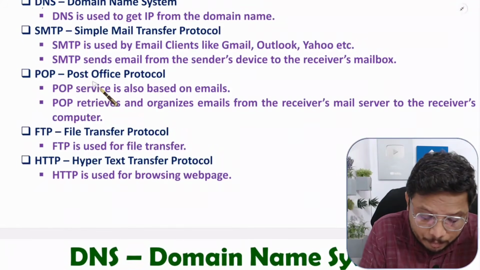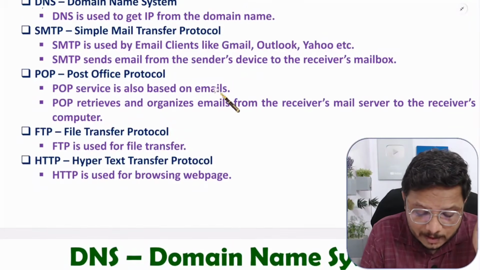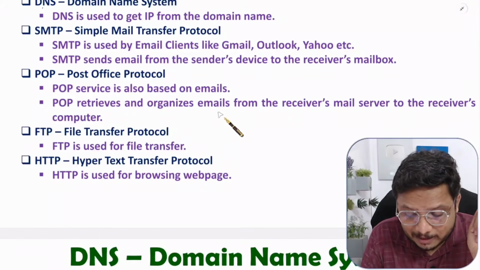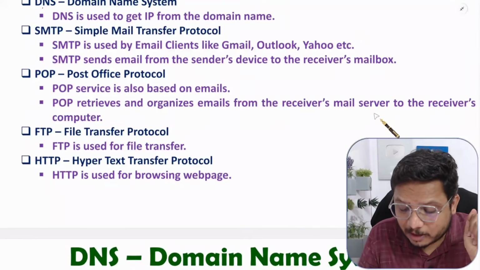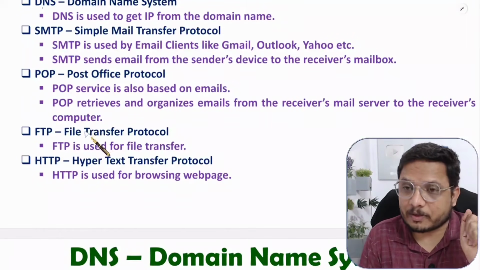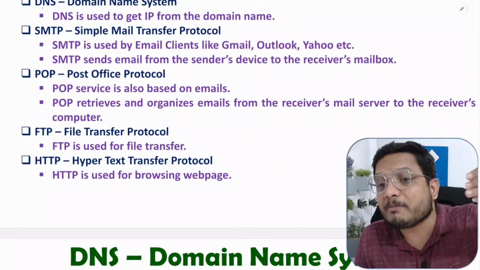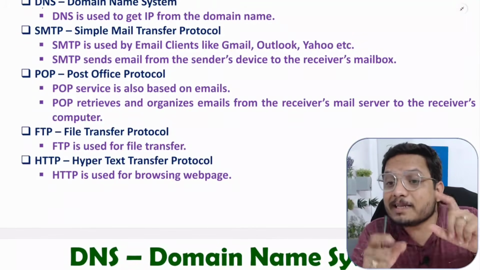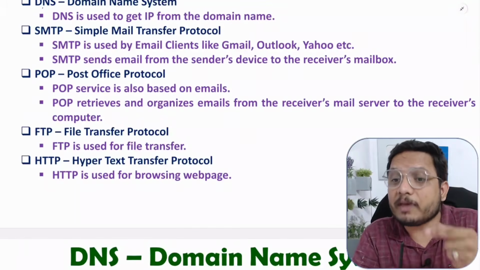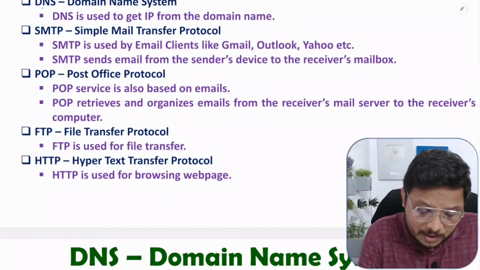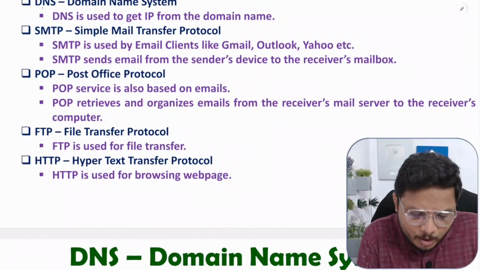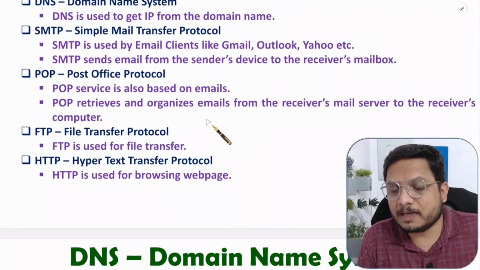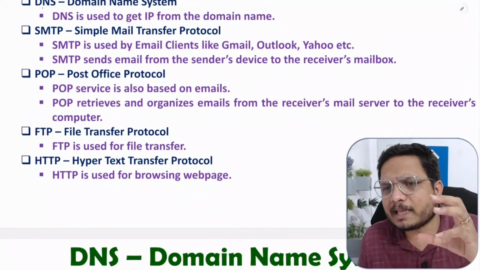While POP, Post Office Protocol, is also based on emails. But here with the use of POP, we will be retrieving and organizing emails from the receiver's mail server to the receiver's computer. So there will be the receiver and the receiver's mail server. In between the receiver and the receiver's mail server, organization and retrieving of emails happens with the use of POP. Usually you will observe POP3 used for retrieving and organizing emails, right? So you should have some basic idea: what is POP?